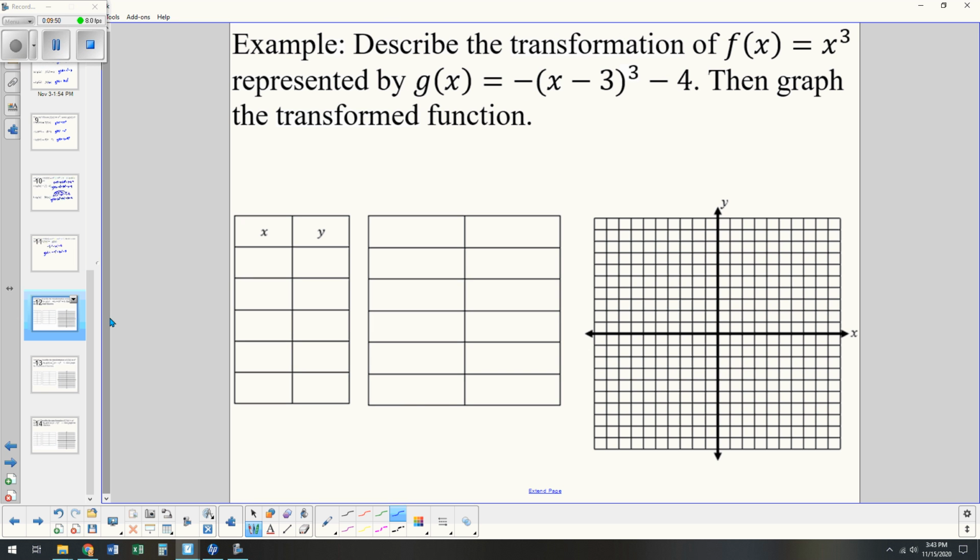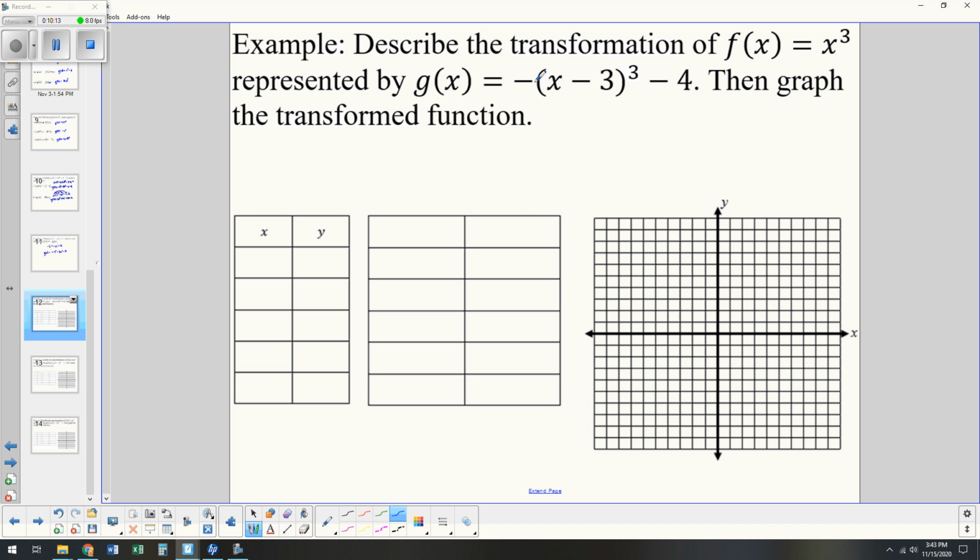So we're going to go back and we're going to now describe the transformations. So remember, we're looking at negative in front means a reflection. A number inside, we take the opposite, and that's left or right. The number outside, we take exactly the same, and if there's a number in front, that's a vertical stretch or shrink, depending on if the number is bigger than 1 or between 0 and 1.